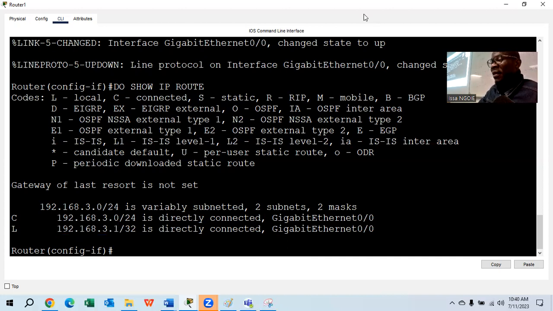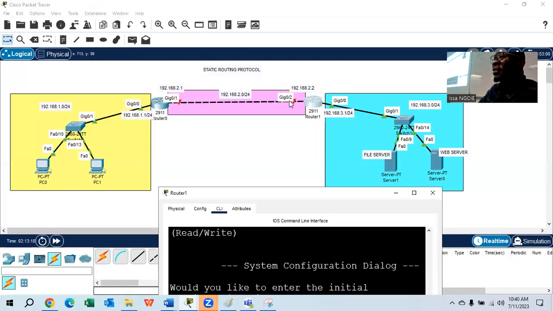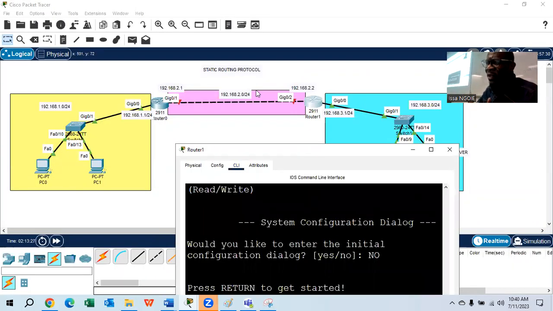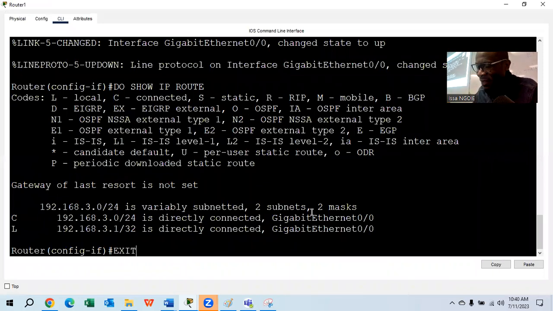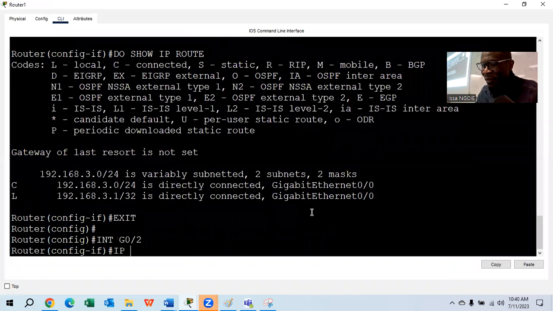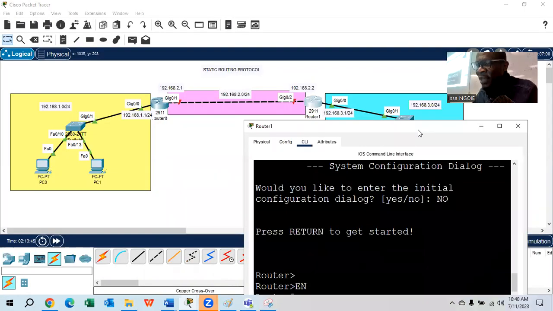Okay. Now we're gonna use the second one, the gigabit 0/2. Until now, we cannot learn about this network. This color is pink or what? Purple. Yeah, purple. Okay, we exit the interface. So the IP address of this one is what?